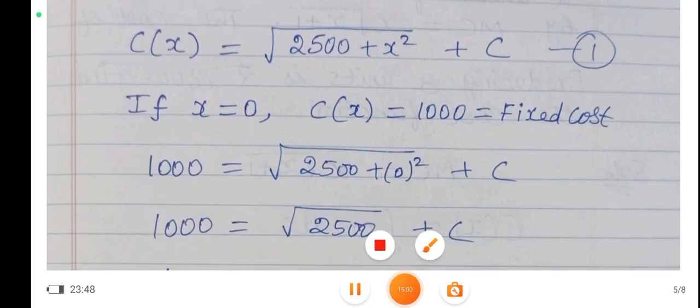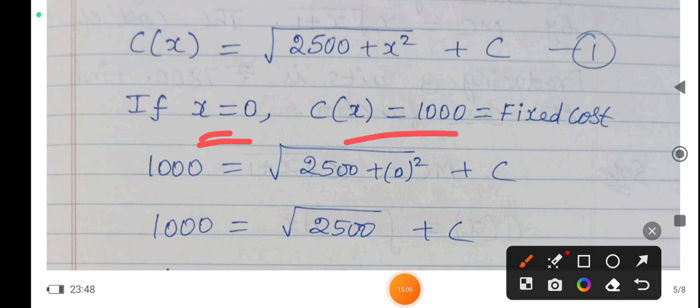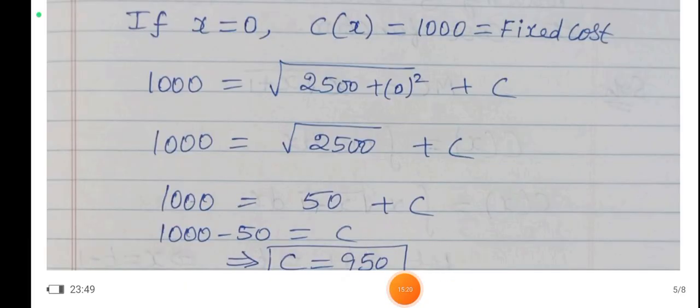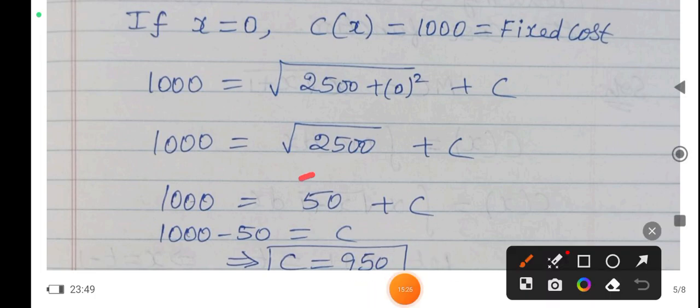If the fixed cost is 1000, they said, at that time x will be 0. So x is 0, C of x is 1000, that is the fixed cost. Substitute the C of x value 1000, then substituting, you are getting root over 2500 plus c.